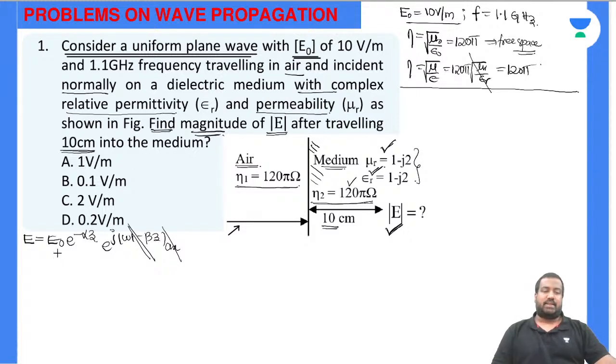So considering this particular term, what is E now? E is E naught, 10 volt per meter, into e power minus alpha into z. Z is the distance traveled into the medium. The wave is propagating in the z direction, am I right? So how many centimeter is it? Z is 10 centimeter, 10 into 10 power minus 2.